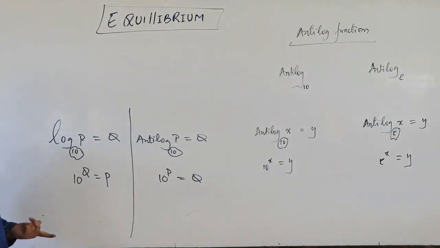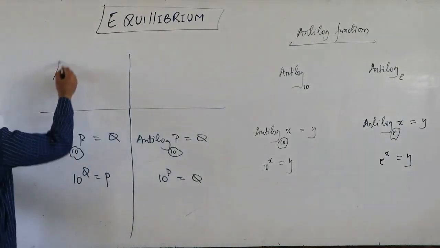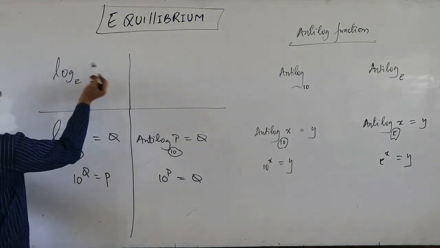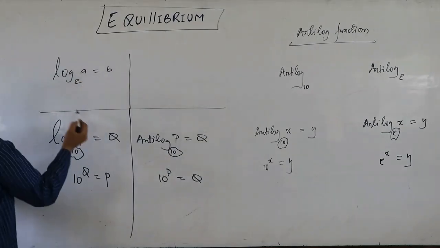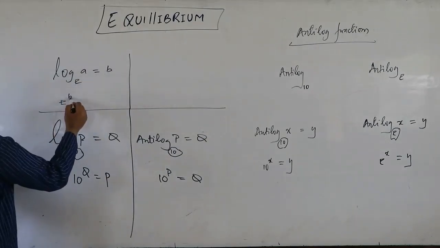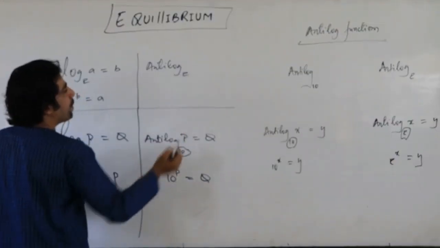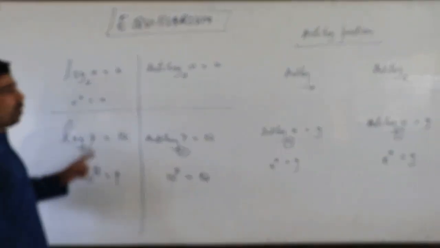And the same is the case with respect to e. Let us suppose I have log to the base e, and a is equal to b. It will become e to the power b is equal to a. But if it is the antilog with base e, and I write the same thing, a is equal to b, it's not necessary that this a and b will be similar to the earlier ones.